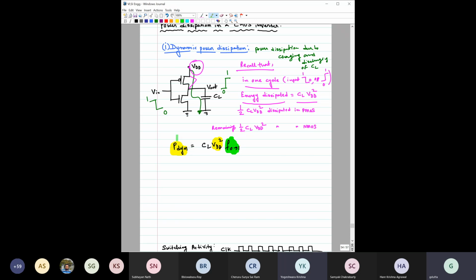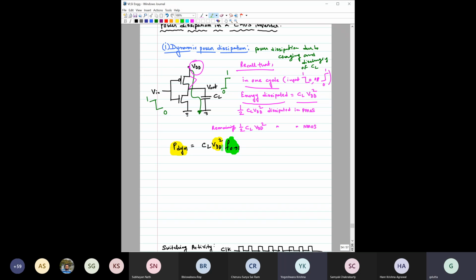The dynamic power dissipation is also directly proportional to this frequency as well, right? At the same time, when you are scaling, means we are reducing the device dimension, what is happening to VDD? VDD is also falling. So VDD falls with scaling, right? Because you need to reduce this VDD so that the device can withstand that voltage.